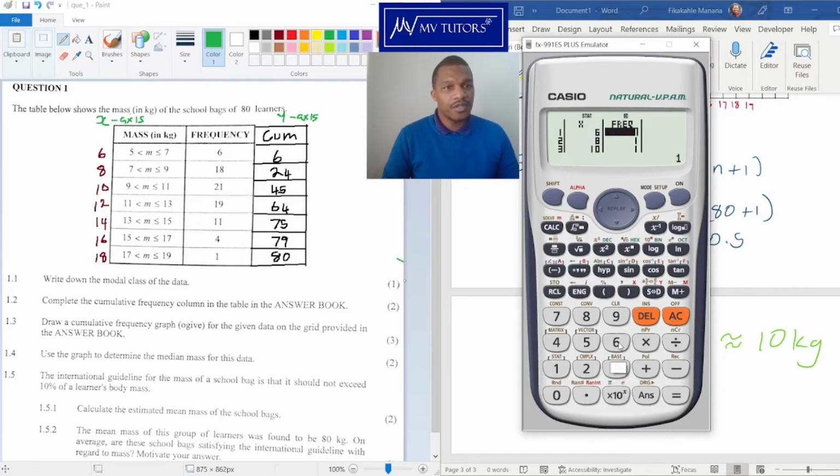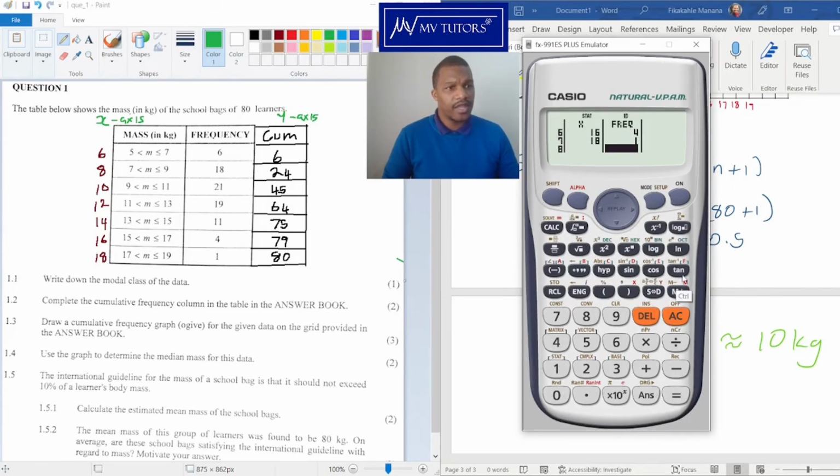First frequency for 6 is 6. These are the normal frequencies, not the cumulative ones. So it's 6. Next one is 18. Next one is 21. Next one is 19. Next one is 11. Next one is 4. And then the last one is 1.